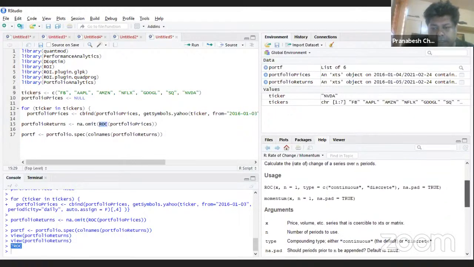You see what the different parameters it takes are. It takes a number n, and the type of variable, which is continuous or discrete, but we did not pass any parameters to this ROC function. I just called my portfolio prices here.